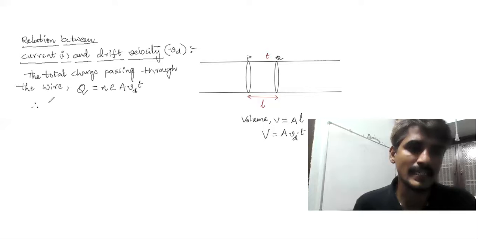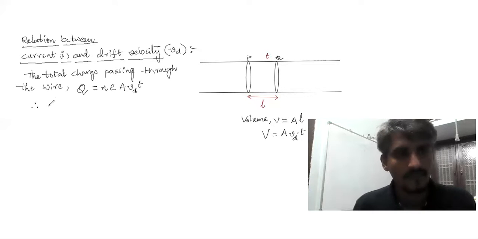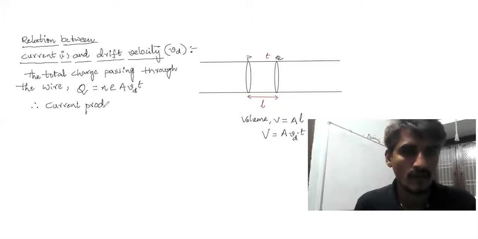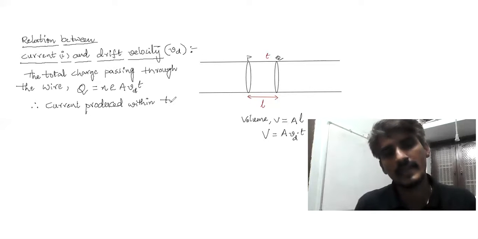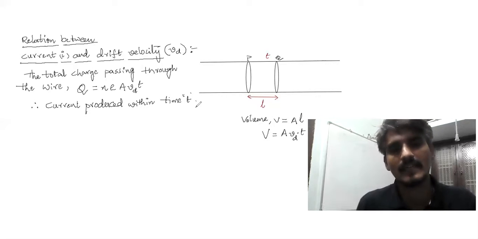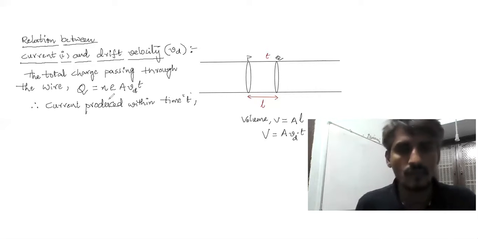Then what is the current? Therefore, the current produced within time t inside that conductor, how do we calculate?